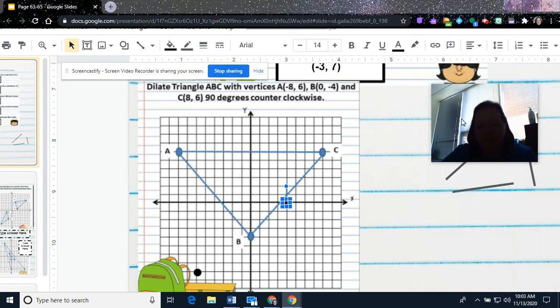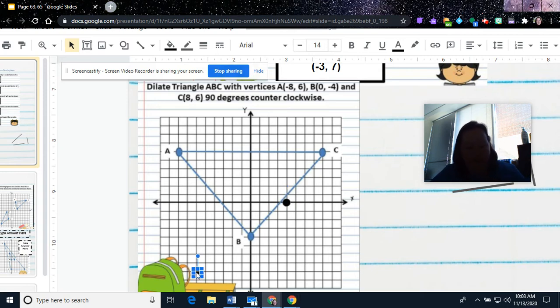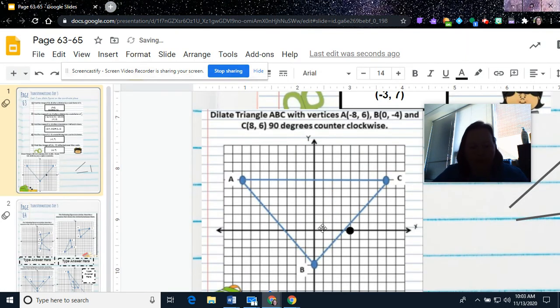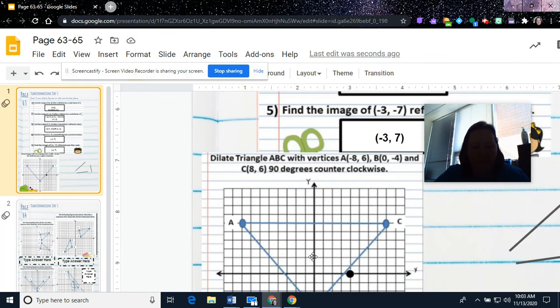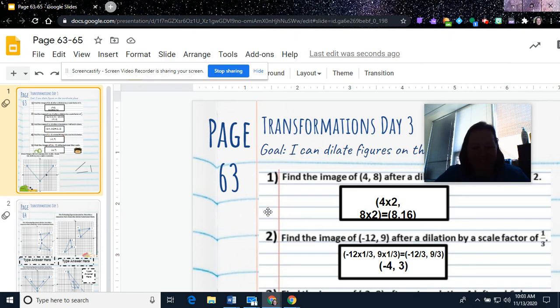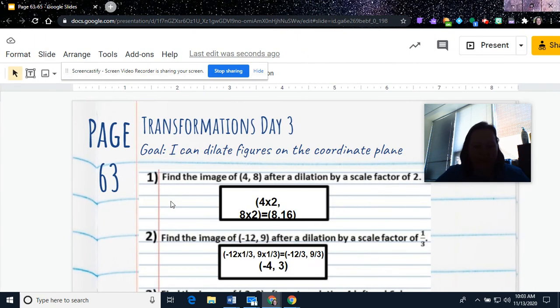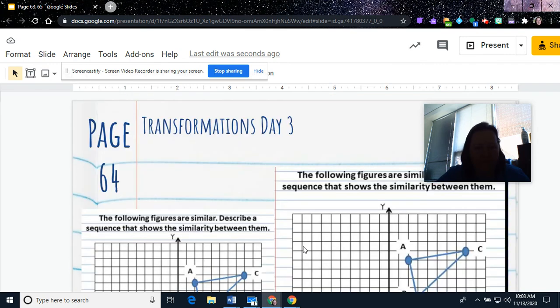And then, do I not have another point? I can't find my other point. So copy and paste. Sorry, I have no idea why this is happening, but I'm sure I'm doing something. Did I just lose my point? Oh my goodness.